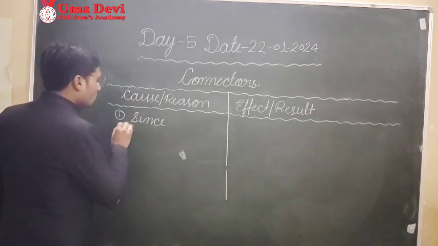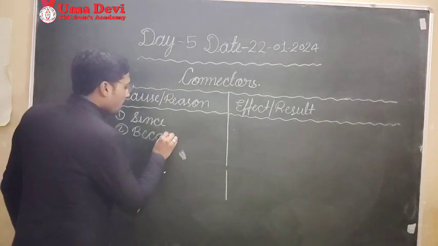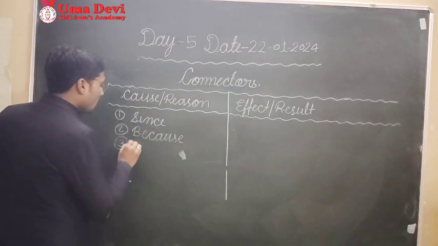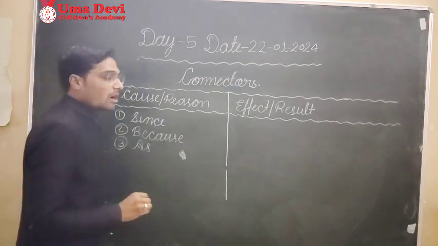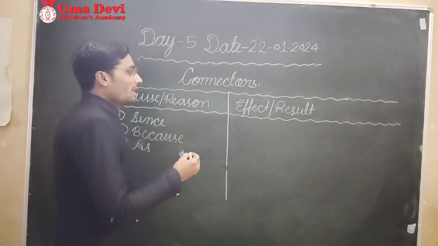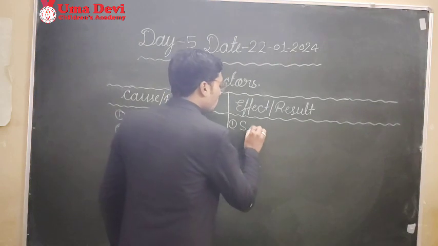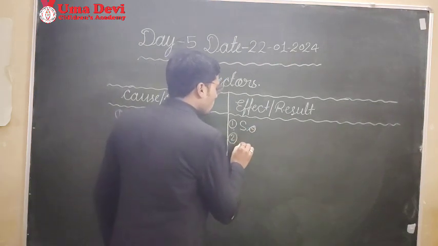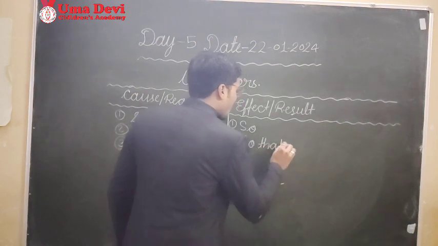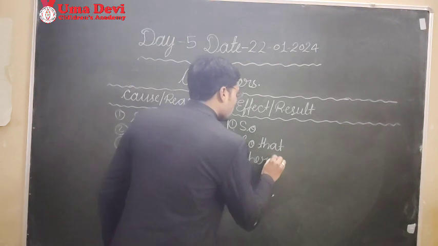Number 2 is because. And number 3 is as. The connectors to show effect or result are also 3. Number 1, so. Number 2, so that. And number 3, therefore.